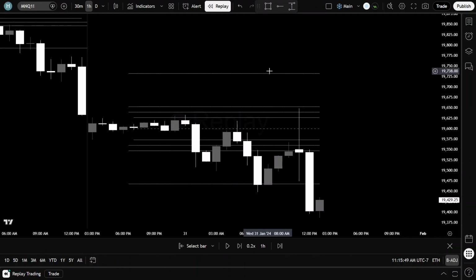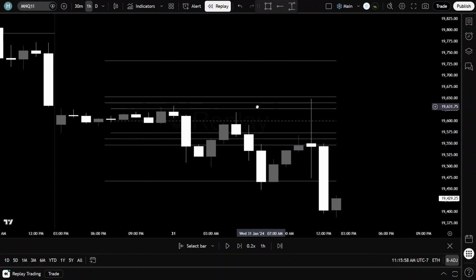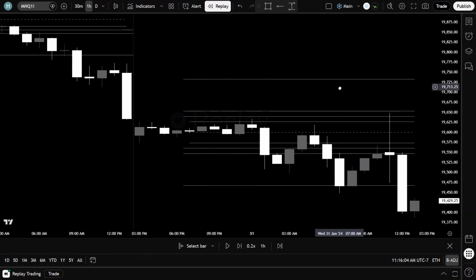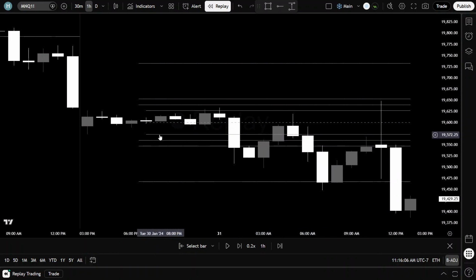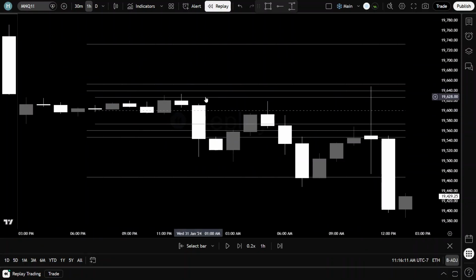There are three things I want to talk about. One is the entry models, the second is targets, and the third is the weakness of this model. Our entry models are these straight lines. These are our manipulation levels.